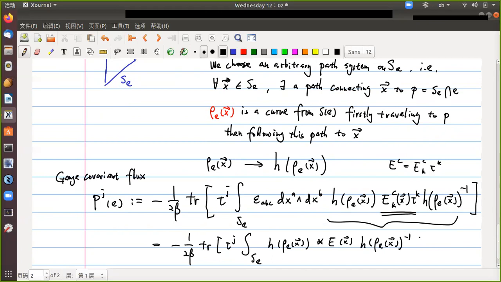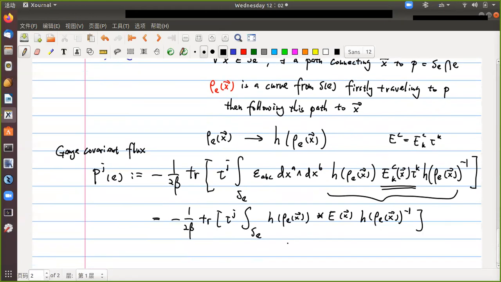Yeah. And in our previous class, we learned what a star is, and star, of course, doesn't depend on the coordinate, right? So here is star E. It is just epsilon_abc E^c. Here I'm using abstract index again.